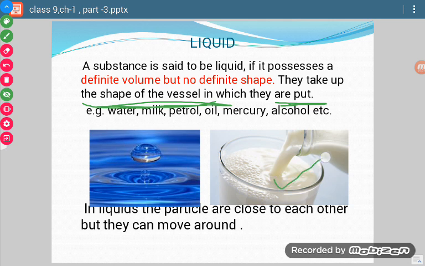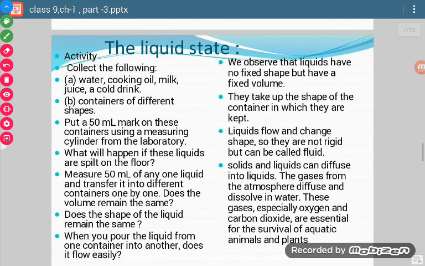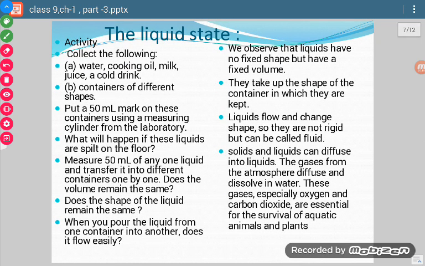Just like here we are pouring milk in a glass. So whatever is the shape of the glass, that will become the shape of the milk. Now in liquids, particles are close to each other, but they can move around. In case of solids, there is no possibility of moving, but in case of liquid, there is a little bit of possibility of movement.